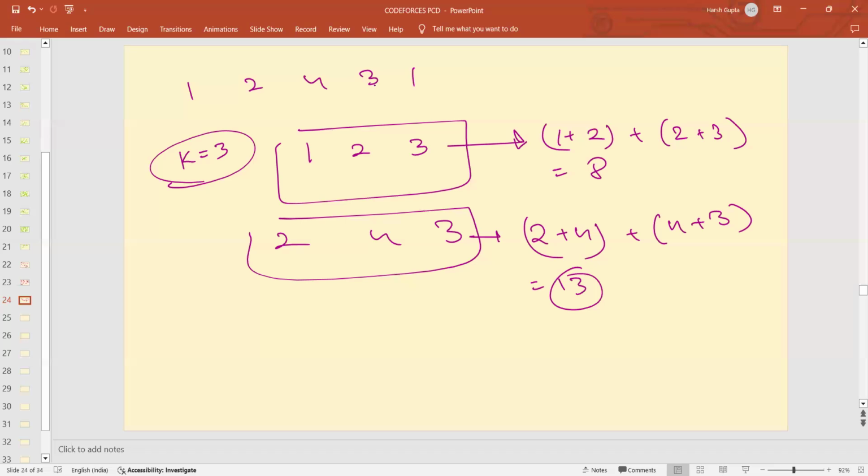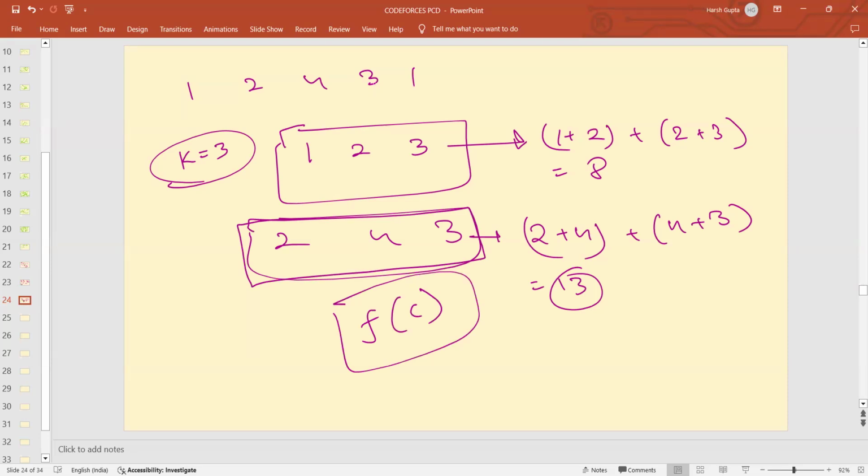You can select multiple other subsequences of size 3, but you will see that this is the maximum. This is the subsequence that will produce the maximum value of f of C. You will never be able to select any other subsequence that produces f of C greater than 30. So the maximum value of f of C that you can obtain is 30. Is the question understood by everyone?